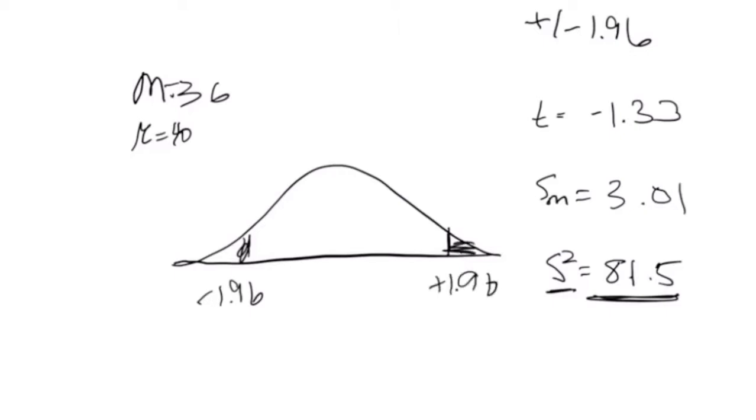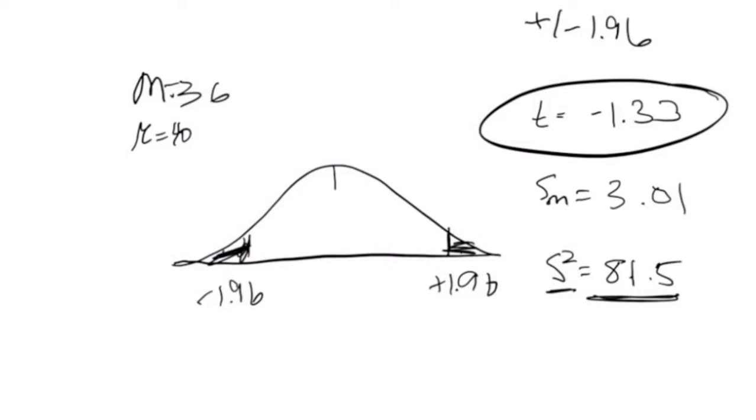I'm going to fill in my critical regions, and I'm going to position my t-score where it belongs. So it's a negative 1.33. It's below the mean. And it's more than 1 standard deviation, but not much more. So I think it's going to be about right here. Negative 1.33.